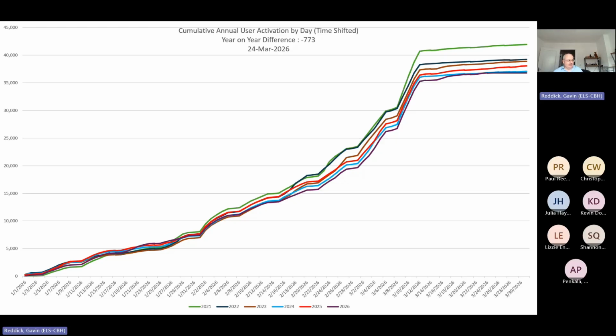And I should say that this is extrapolating out this year. You can see that gap between the red, which was last year, and this dark purple, which is this year. Obviously, we have a few more days to go in Q1, and so that number will go up and potentially go above the 2024 year as well.